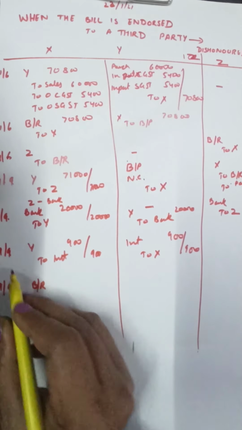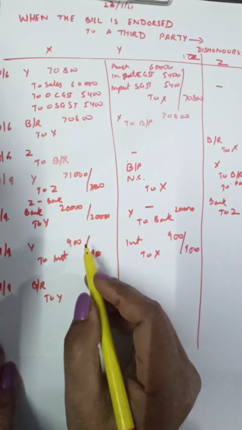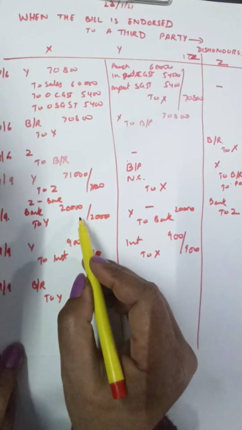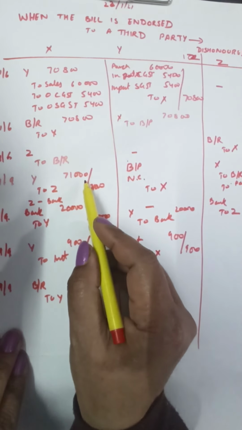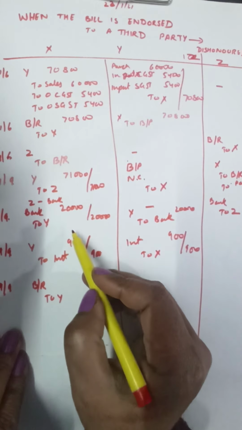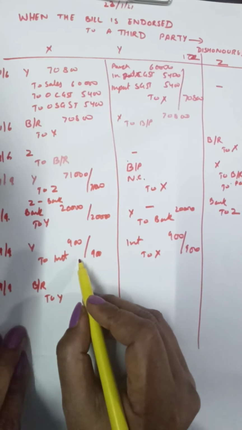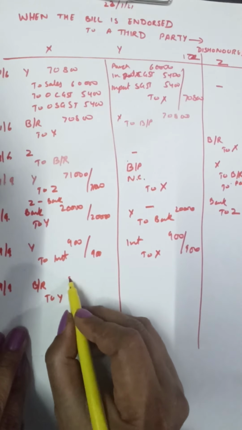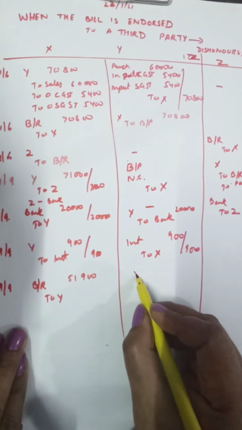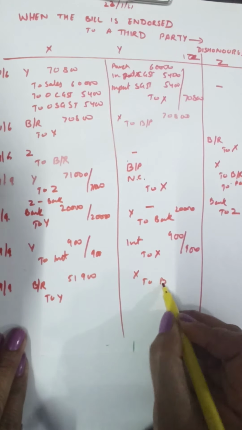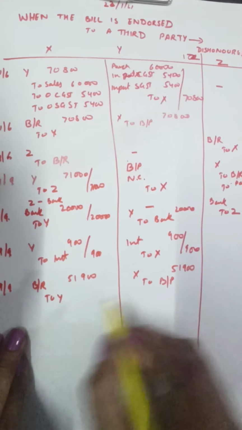Then on the same date, BR to Y for the total rest of the amount. 20,000 he has paid in cash, and he had requested him to write another bill for the remaining. 71,000 was the total bill. 20,000 is paid in cash. 900 is the interest on the renewed bill, and that means the remaining amount becomes 51,900. In its books, X to bills payable for rupees 51,900.